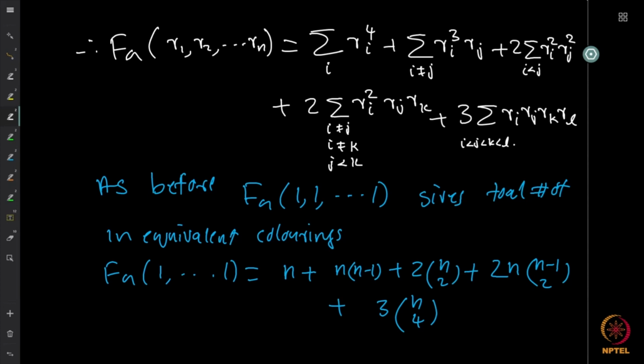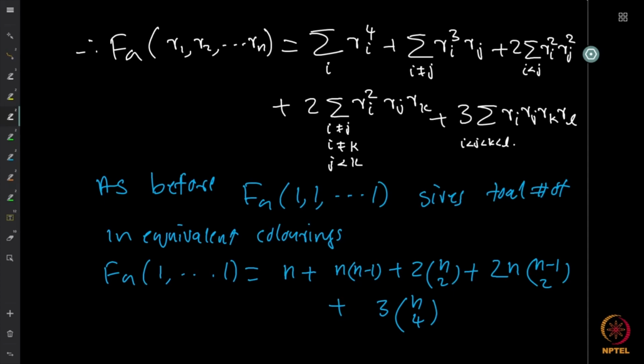Since rj and rk are different, j less than k and j greater than k are two different cases, so there are two times this. Similarly, you have 3 times the summation over i less than j less than k less than l, where this inequality holds and there are 3 such possible arrangements. And you will see that this is precisely the generating function that we have, right?